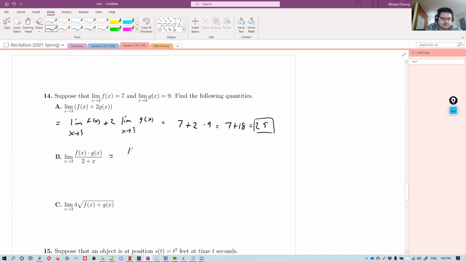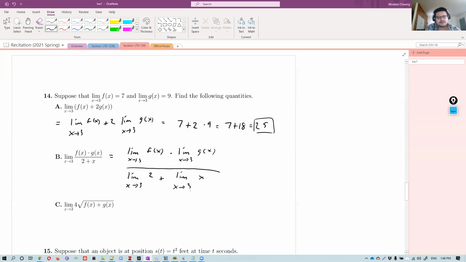So when you fully expand it out, this is what you get: limit times limit divided by limit. And this is kind of the ridiculous one. Like, why would you write that? You know what it is. But technically, to be right, I guess you should.